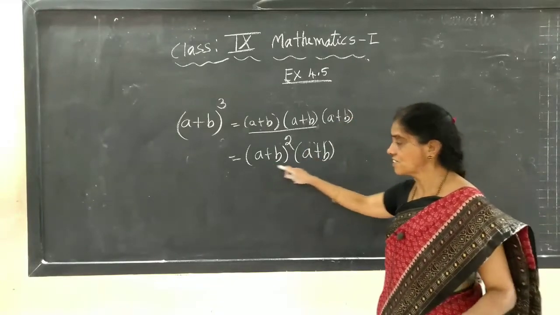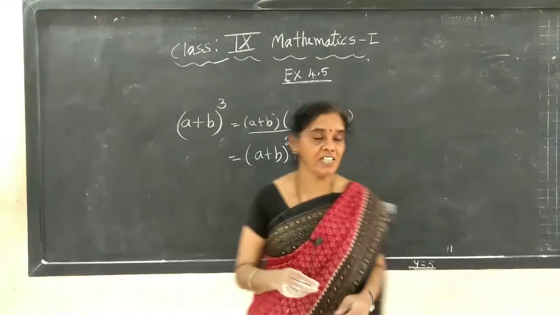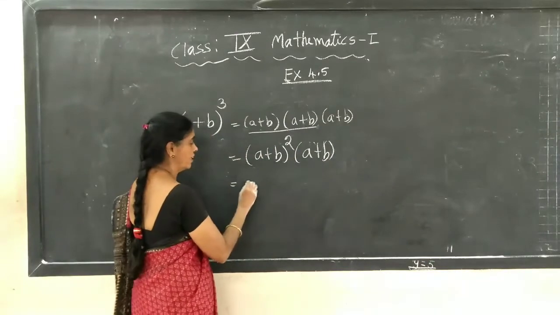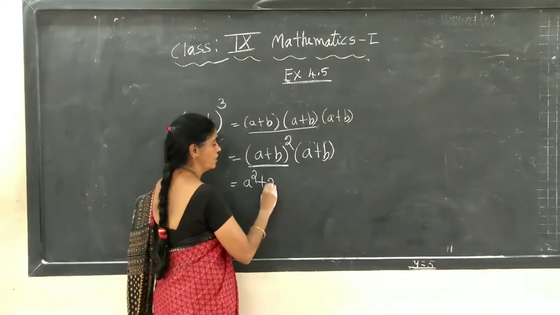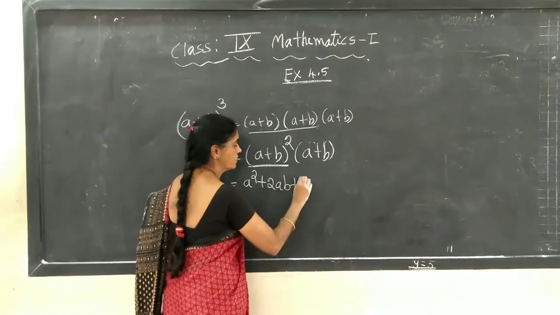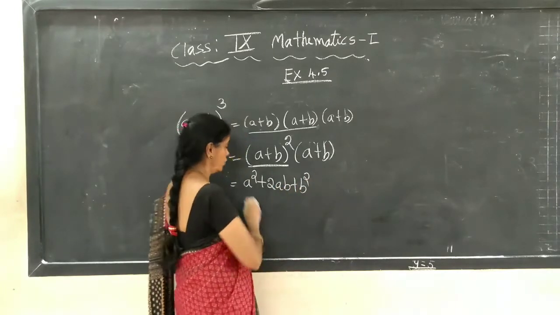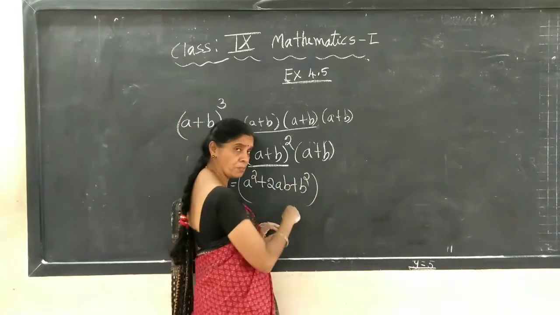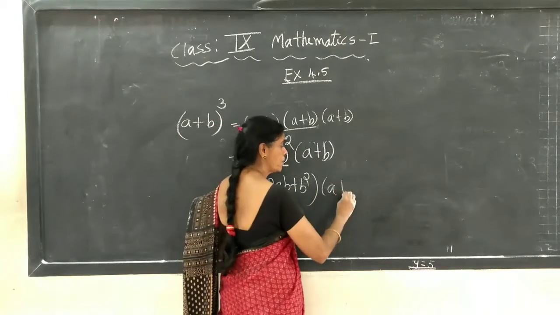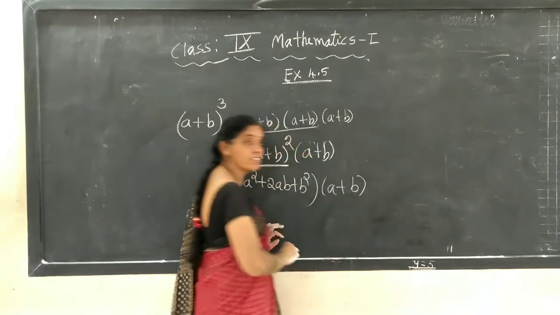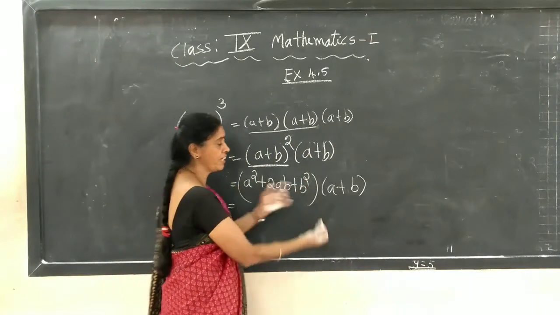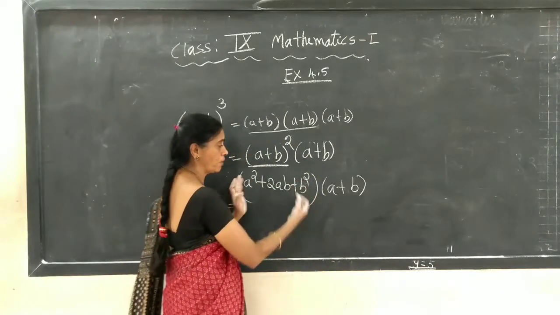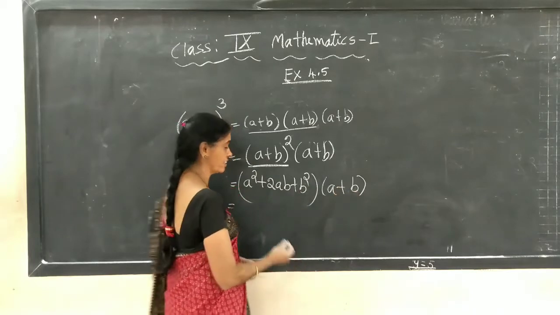But we already know this identity. It is nothing but a square plus 2ab plus b square, right? To this answer you have to multiply a plus b again. So first I will multiply this trinomial by a, then this trinomial by b, and I will see what answer I will get.